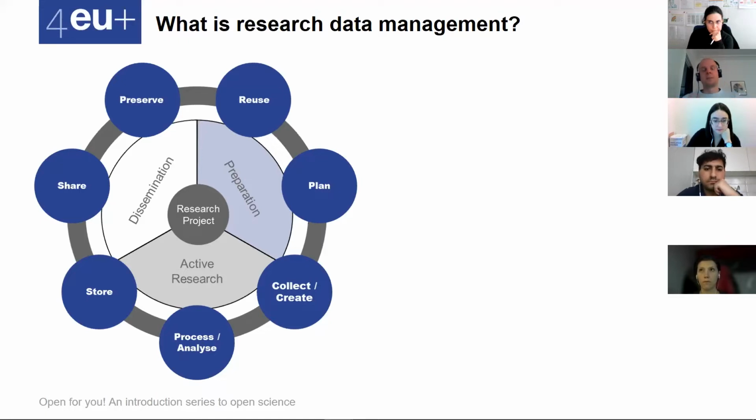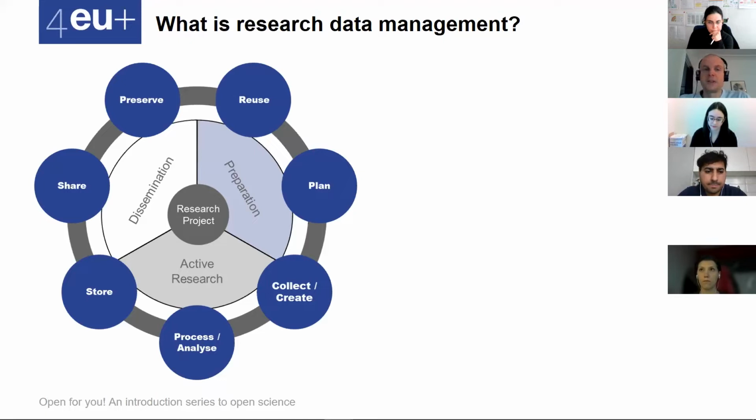But when you start preparing a project, planning data management is a very important aspect. That's to consider the whole framework. What types of research data are you actually working with? What could challenges be? Do you need some agreements in place regarding data management, for example?